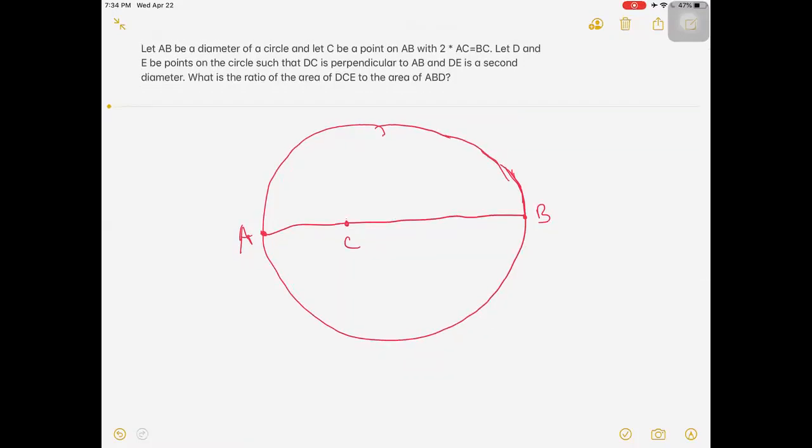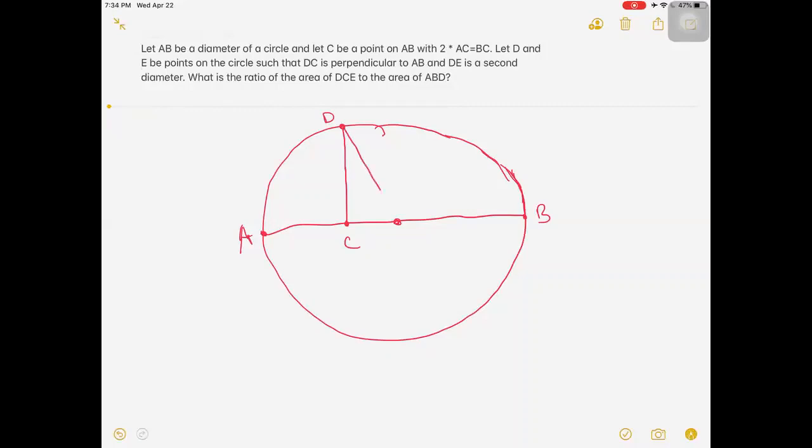D and E be points on the circle such that DC is perpendicular to AB. So let's just draw D first. D is going to be right here. And then let the center of the circle be here. It says DE is the second diameter.